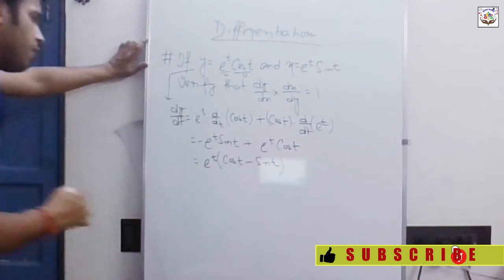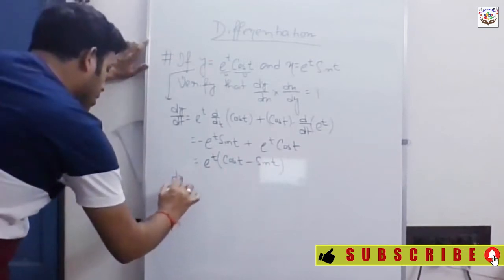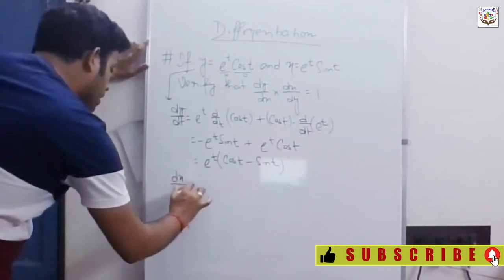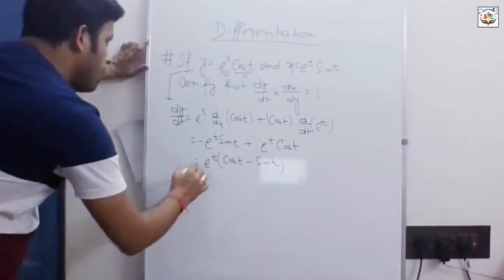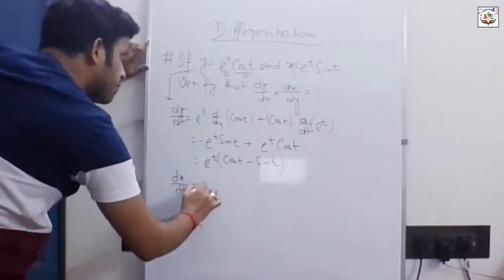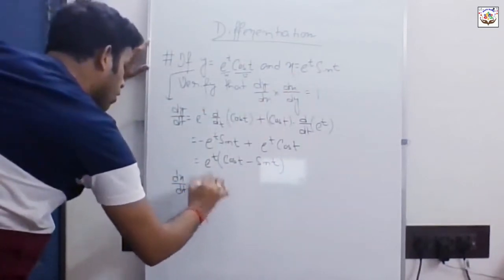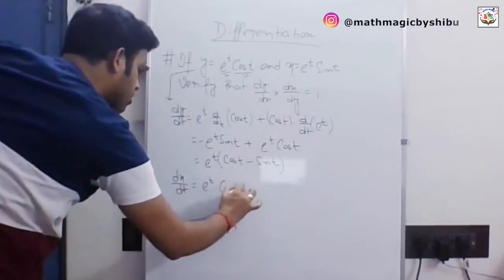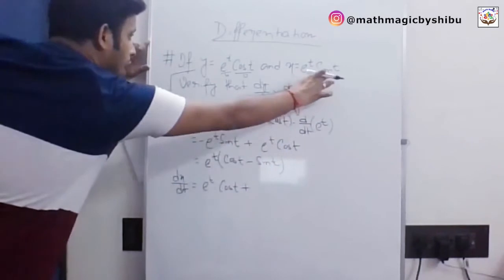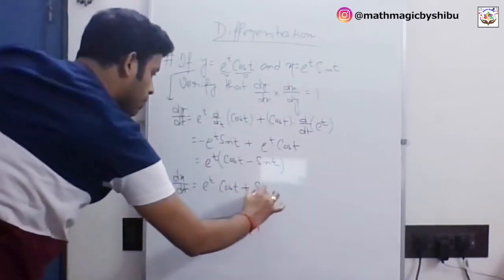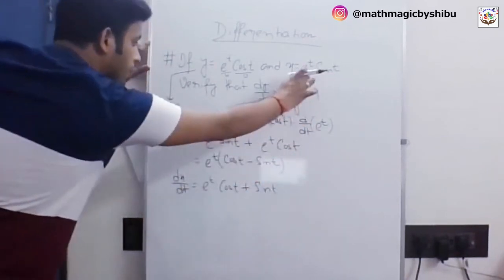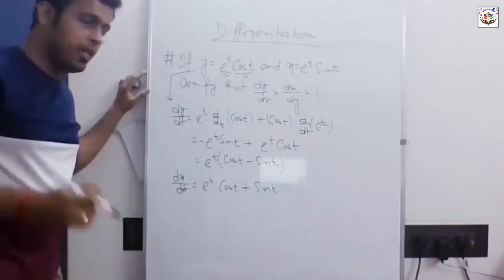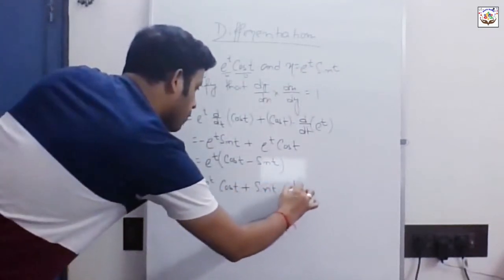So similarly, by applying the same concept, if we find dx/dt, we will get from this e to the power t constant, derivative of sin t would be cos t, plus sin t would be constant, and derivative of e to the power t with respect to t would be e to the power t.